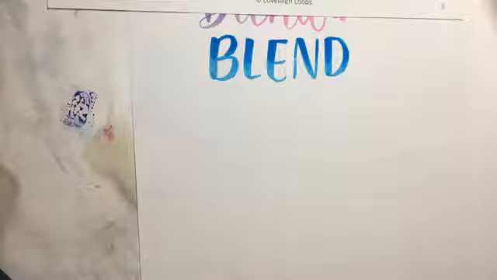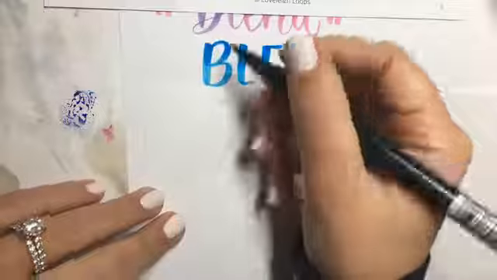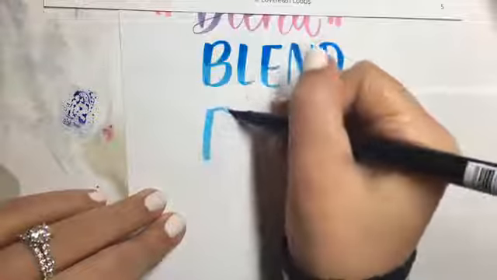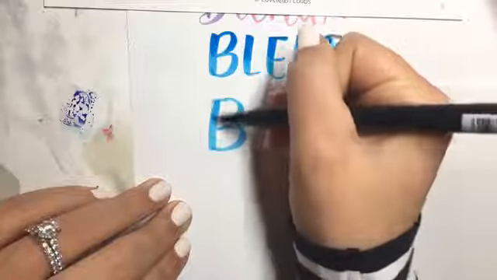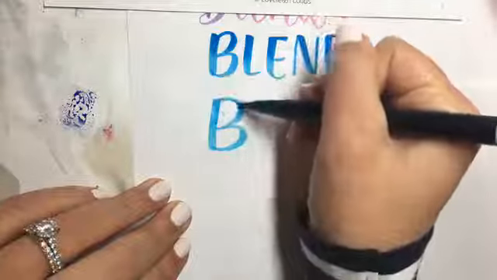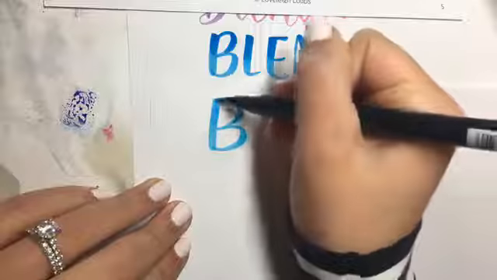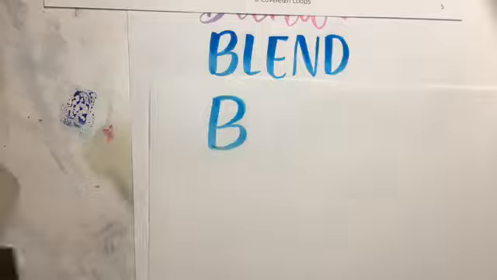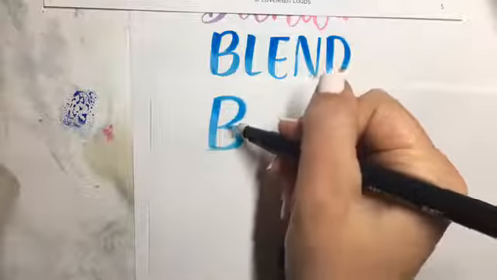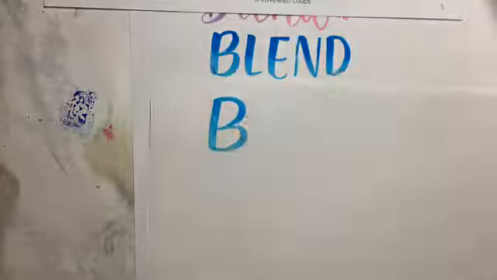So marker paper, just a reminder, you can see through it a little bit. It also works better if you work in smaller sections, so let's just do this B first. First I write the B, and then I'm going to go back over a section, and this is where it gets easier with the marker paper, the blending part of it, because the ink is still wet, it hasn't fully absorbed, and then you can blend each section.